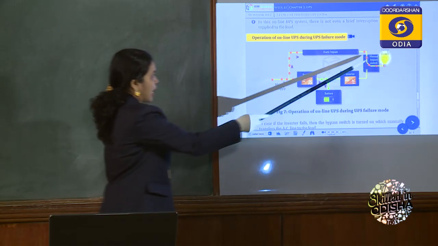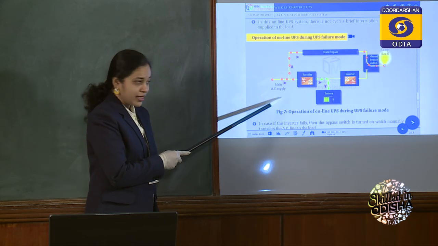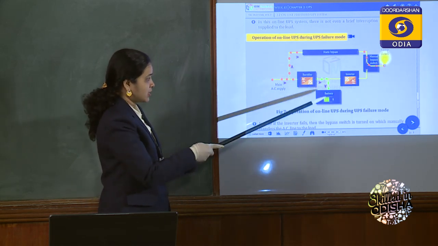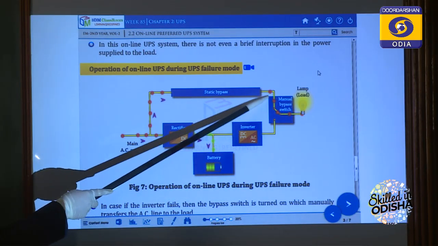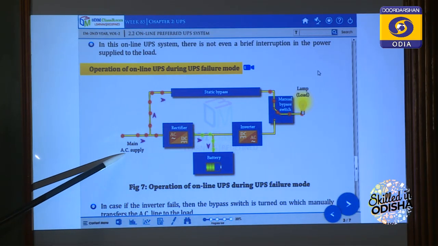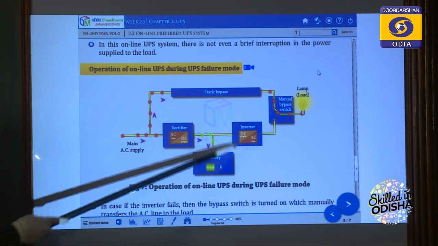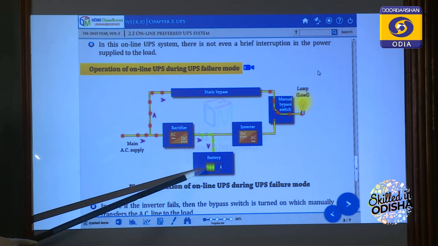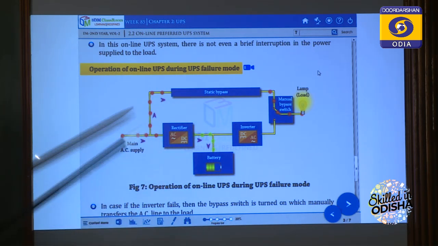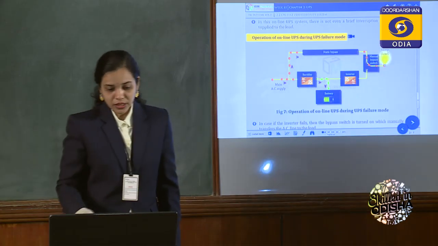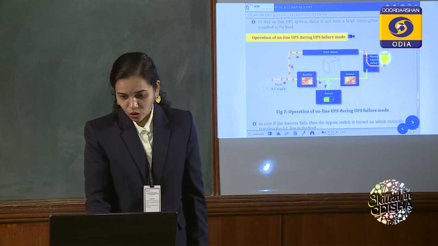By this, our load draws current directly from the main supply, and the inverter and battery system is disconnected because some fault occurred in it. These are the three modes in online UPS.